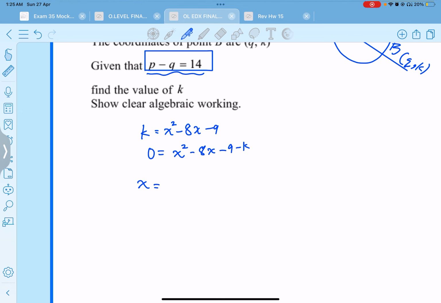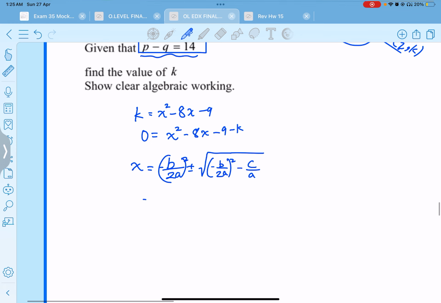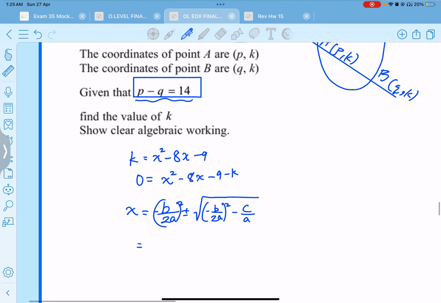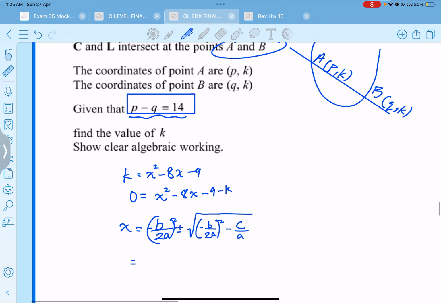It's going to be negative p over 2a plus or minus the square root of negative p over 2a squared minus c over a. And here, it doesn't specify either I'm going to use positive, which is greater than, or negative, which is smaller than. Because of that, I have two values.